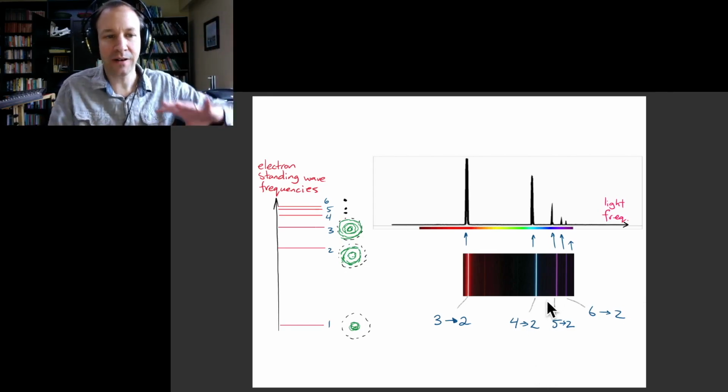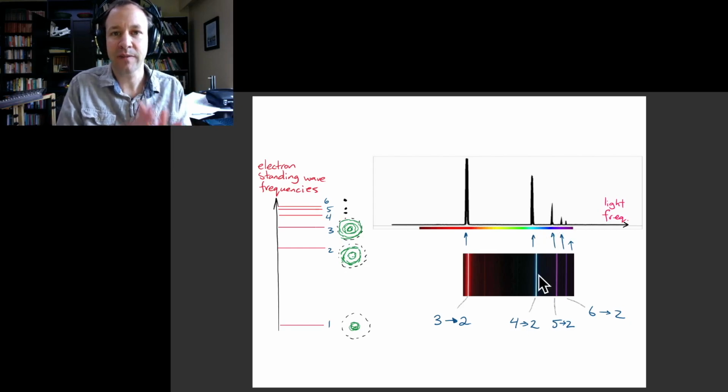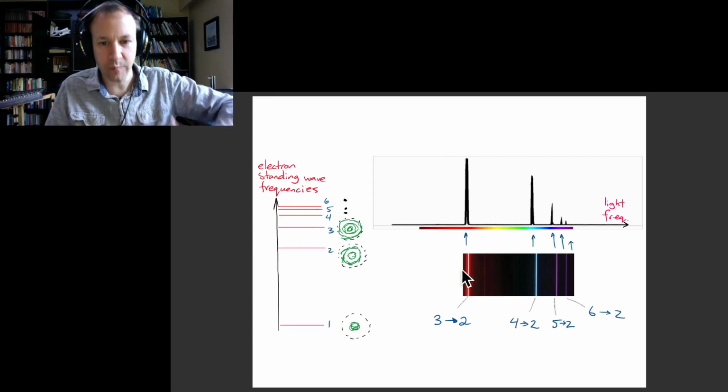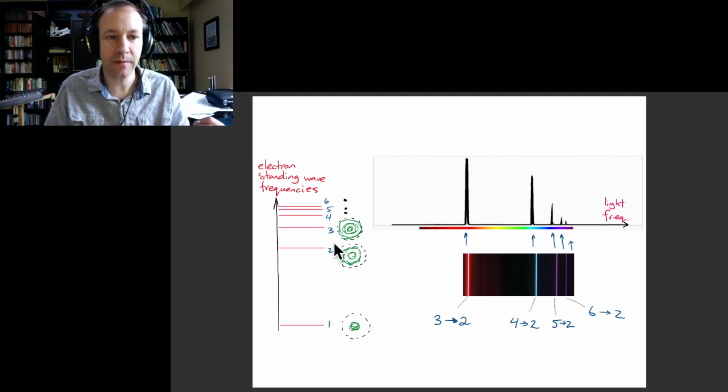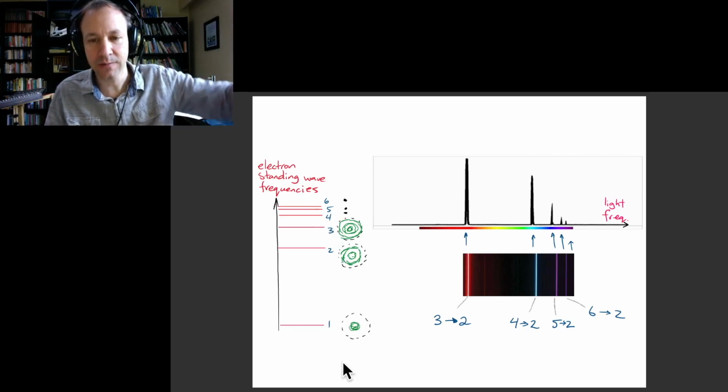Why don't we have all of those in the spectrum? The answer is that we actually do. The spectrum that I've shown is only the part of the electromagnetic spectrum within the visible range. There are other parts of the spectrum coming from transitions 2 to 1, 3 to 1, 4 to 1, but those correspond to light in the ultraviolet range.